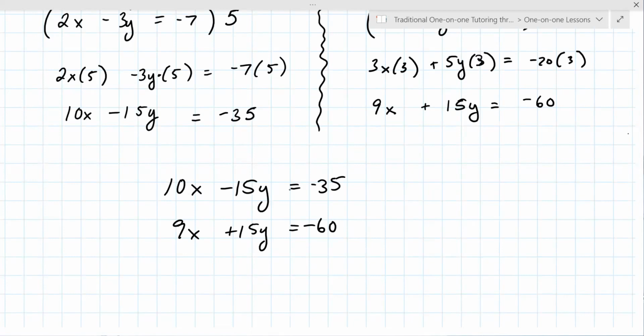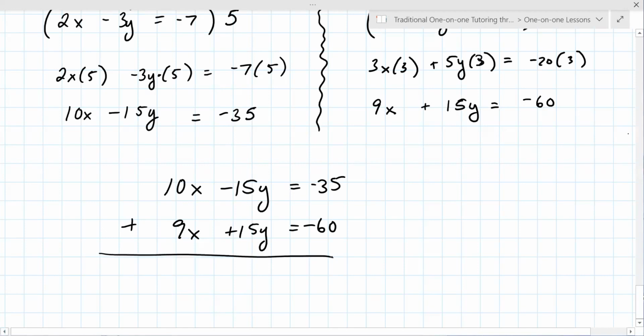So now we're just going to add the equations together.